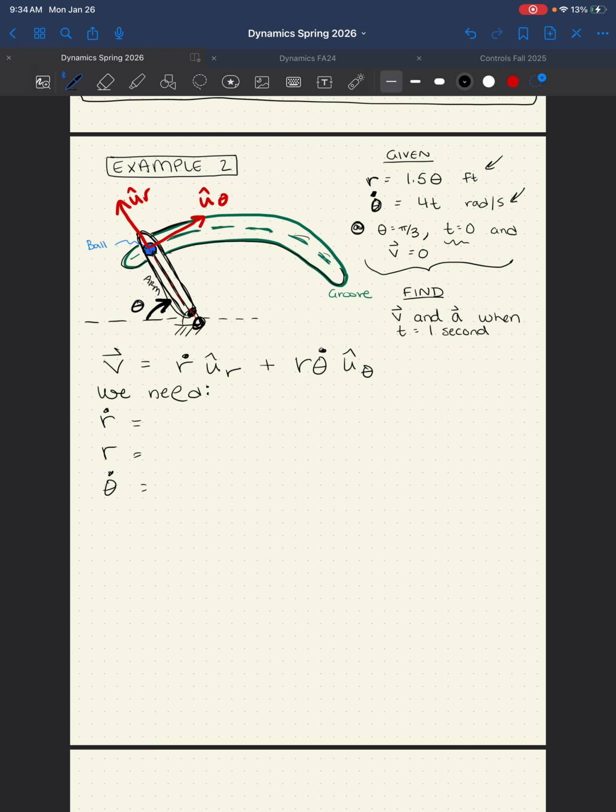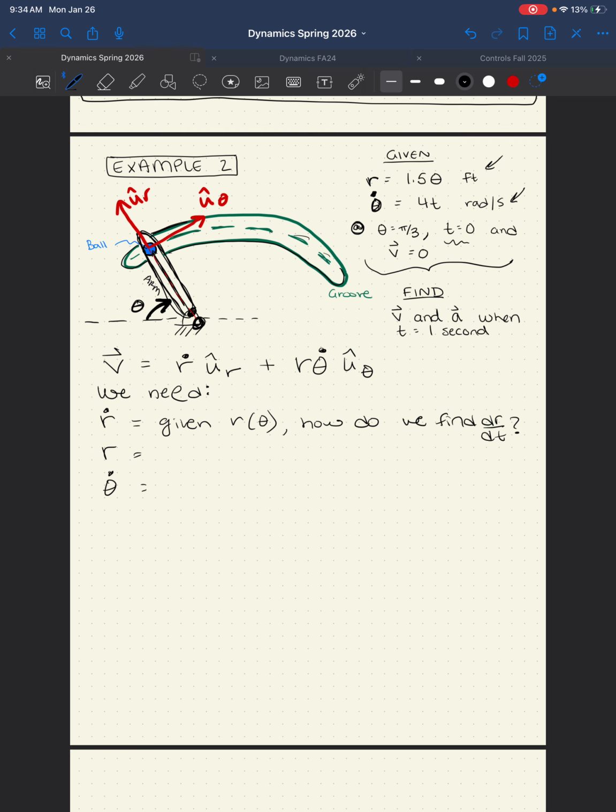R dot is going to be a little bit tricky because we are given r as a function of theta, not r as a function of time. So how do we find dr dt? Heads up, it's going to be the chain rule, like we talked about earlier.